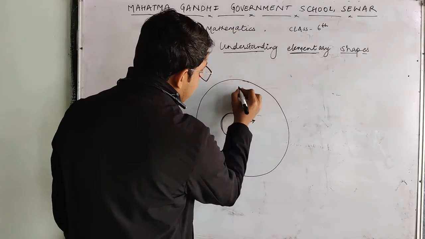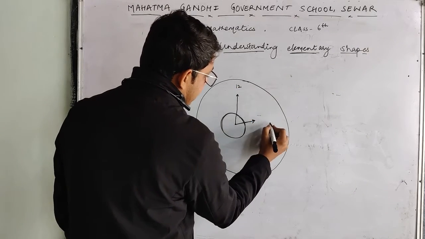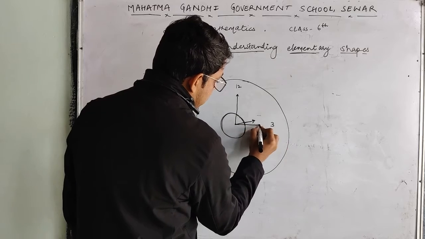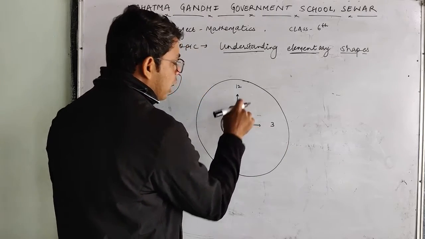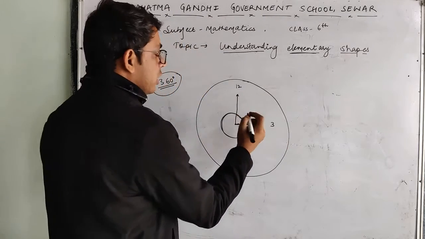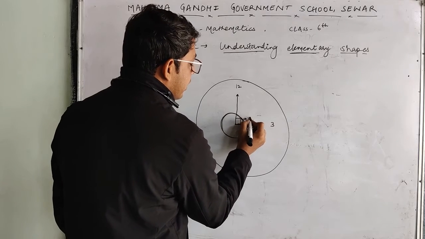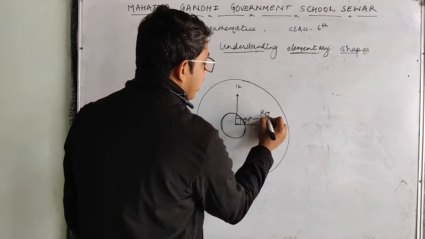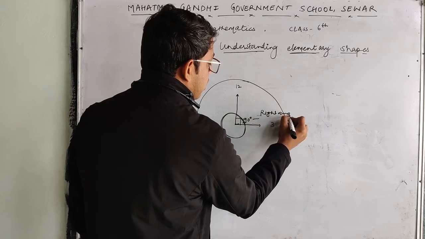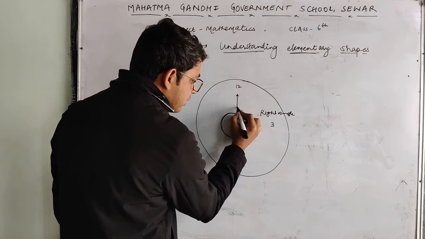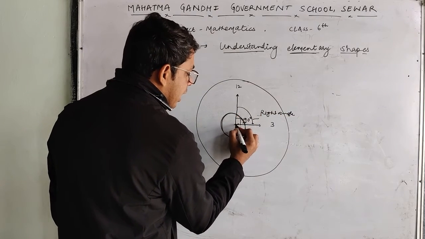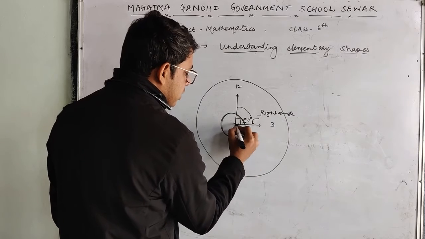If it is on 12 and it is on 3, these are perpendicular to each other. They will form a 90-degree angle. That is called a right angle. If the distance between them increases, the angle will increase.